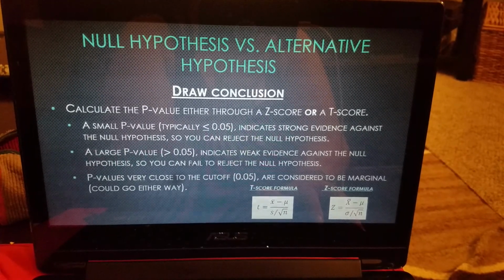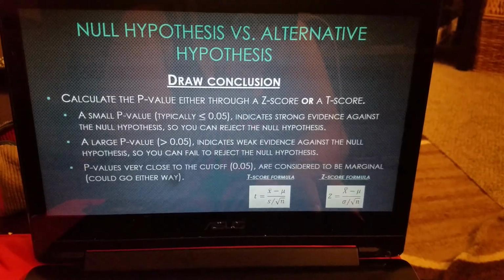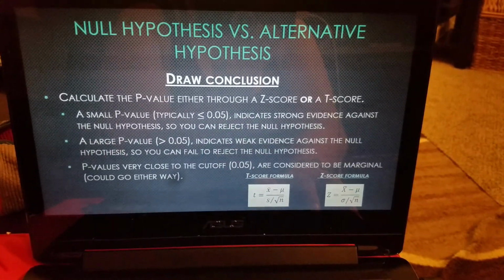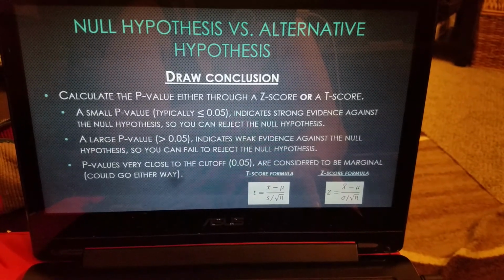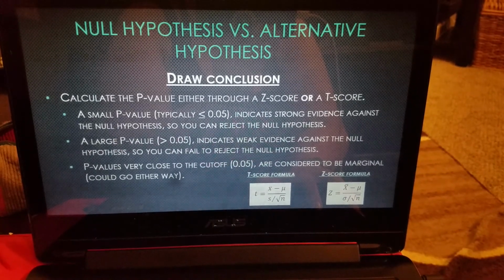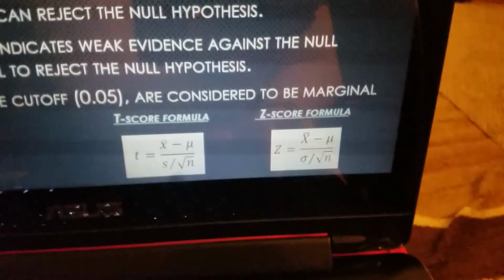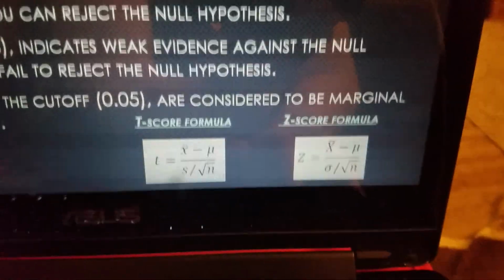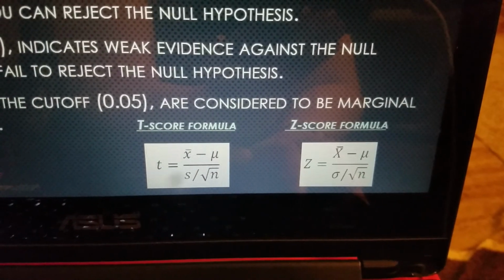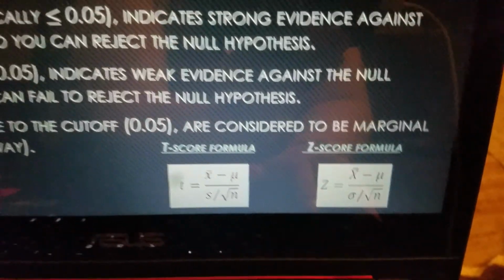A large p-value, greater than 0.05, indicates weak evidence against the null hypothesis, so you can fail to reject the null hypothesis. P-values very close to the cutoff of 0.05 are considered to be marginal, and they could go either way. There's a couple diagrams real quick of what a z-score and a t-score formula look like.